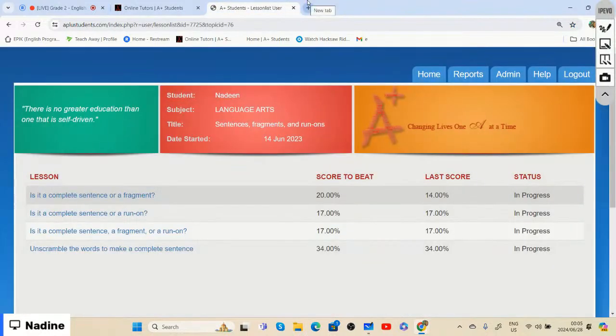Then we're going to scroll down until we get to the chapter of sentences, fragments, and run-ons.